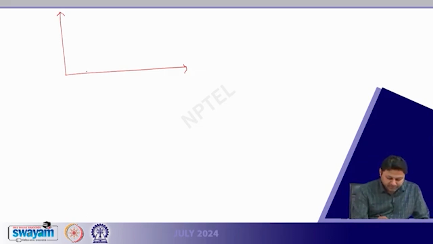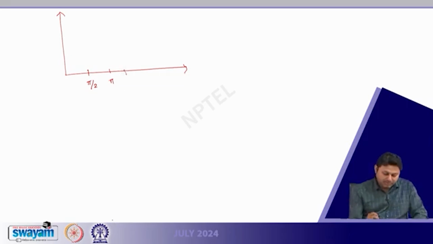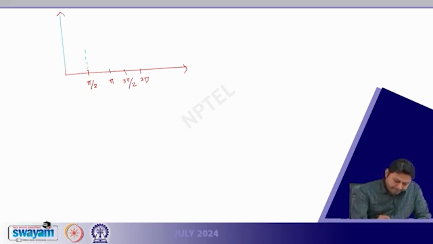Say this point is pi by 2, then this is pi, then this is 3 pi by 2, and then this is 2 pi, and so on. We know how the tan curve behaves.